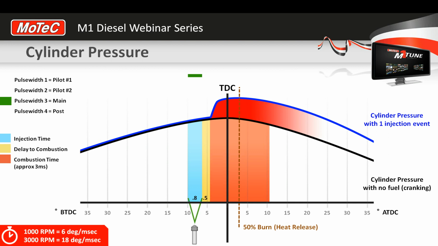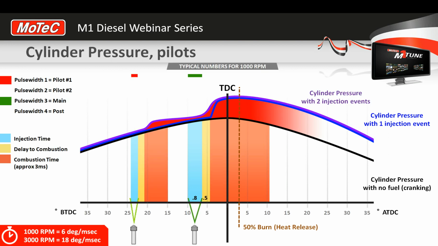So when you make the pulse width longer in a diesel engine, you need to probably consider that you're going to be adding injection timing. The start point gets earlier, or should be earlier. Alright, so just a basic overview of that for now.